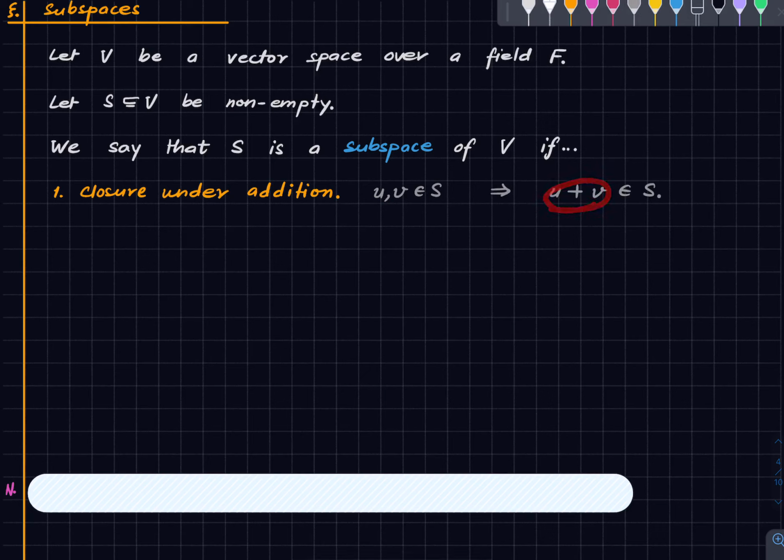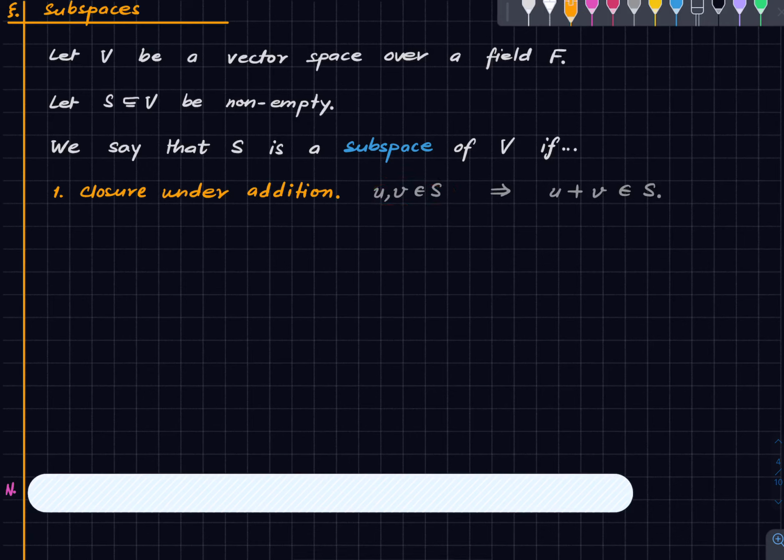When we say sum, we just mean that this vector space already comes with its plus function. And since anything that is a member of S is also a member of V, it is legitimate to apply the addition function to these two elements. After all, these are vectors in the big vector space V. So closure under addition means this: whenever you pick two things, their sum is also there.